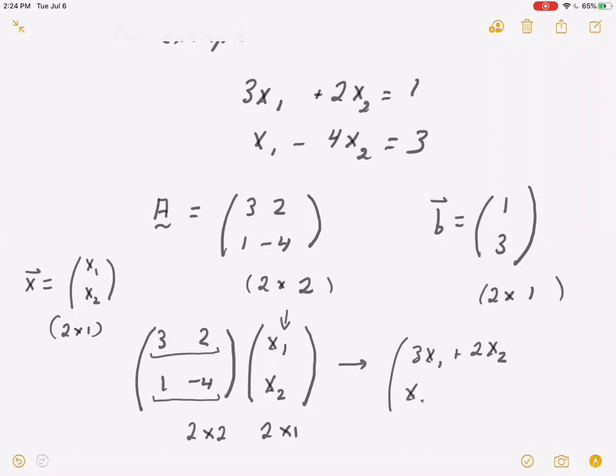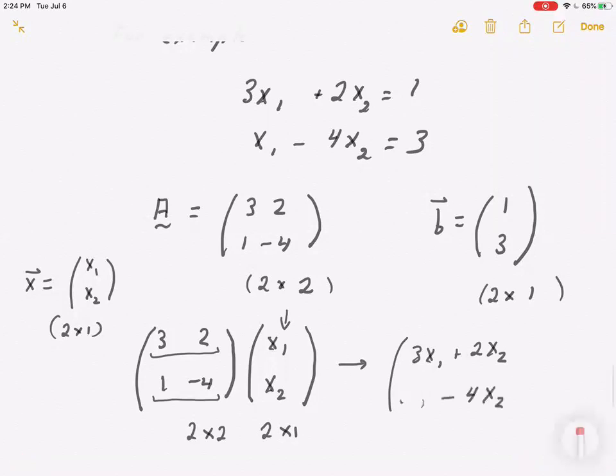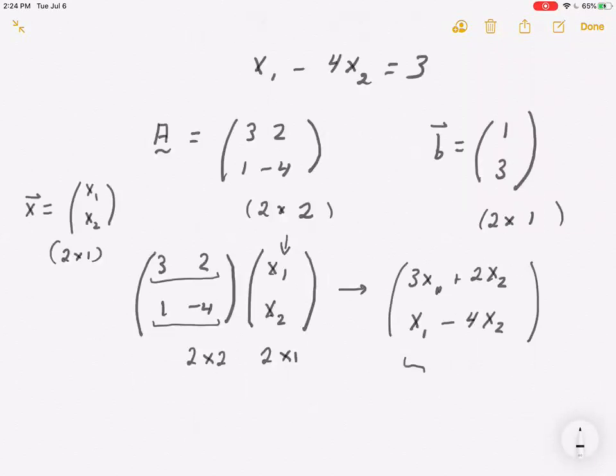So I get x of 1 minus 4 times x of 2. It's a little sloppy, so let's clean that up a bit. That's a little better. So my result is a 2-by-1 matrix, and that equals B, which is a 2-by-1 matrix.